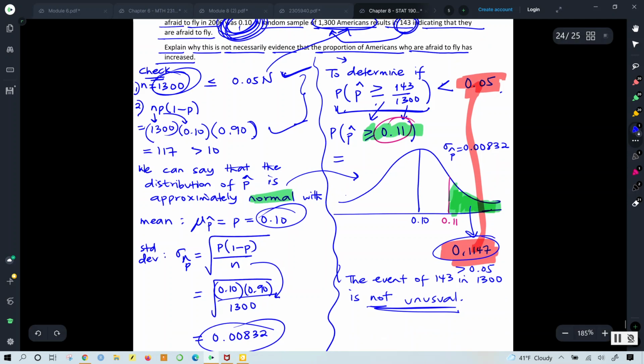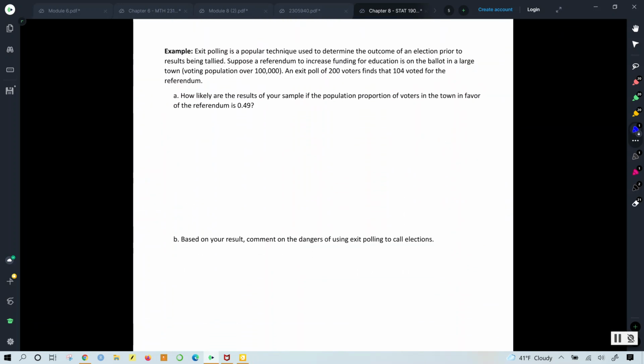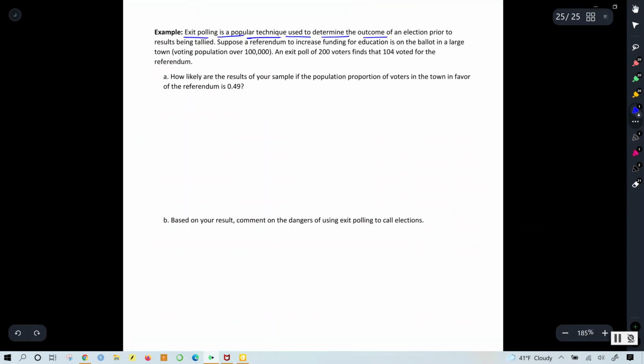With this said, we can proceed to question 25. This says that exit polling is a popular technique used to determine the outcome of an election prior to results being tallied. Suppose a referendum to increase funding for education is on the ballot in a large town, which has a voting population of over 100,000.